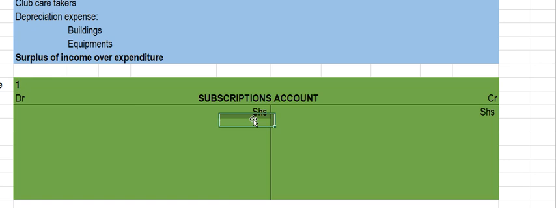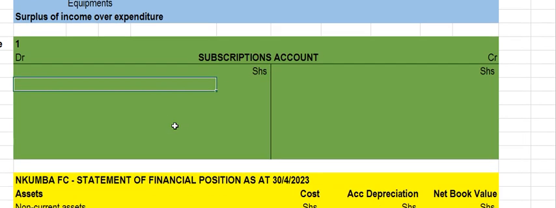We have to find out exactly how much we should take to the income and expenditure account as our subscription income for the year. So come up with a subscriptions account. Subscriptions are incomes. So we have the subscriptions balance brought forward. This is subscriptions due.